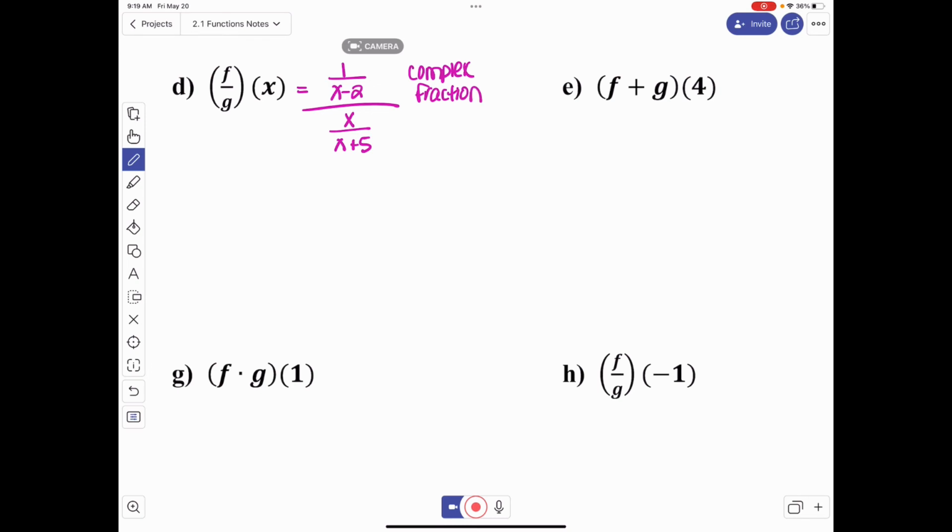And since it is a complex fraction, you must simplify. So even though it doesn't say anything about simplifying, if it is a complex fraction, you have to simplify it. So when I bring this down, remember, when you have division of fractions, bring the first one down, change the sign to times, flip the second one upside down.